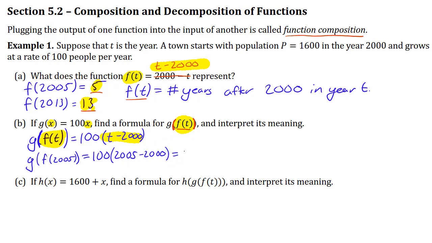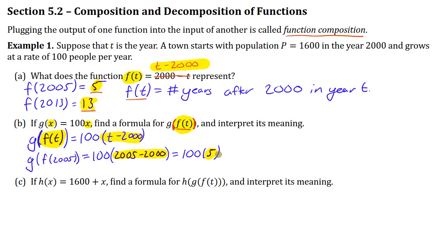So this is going to result in 100 times 5. Now that 5, remember, is the output of f of 2005. And that is how many years it is after 2000 in the year 2005. So we do 100 times that 5 years since 2000.